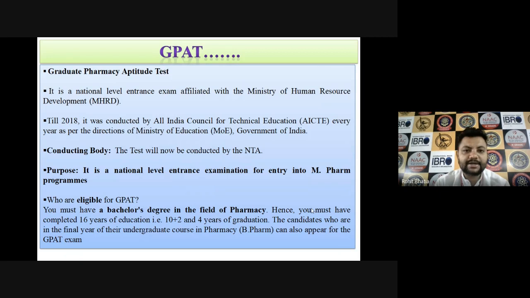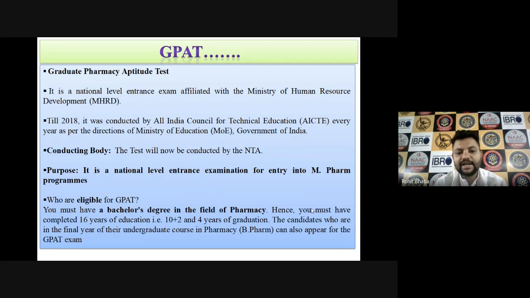GPAT, if we expand it, stands for Graduate Pharmacy Aptitude Test. It is a national level entrance exam which is affiliated with the Ministry of Human Resource Development, that is MHRD. Up to 2018, AICTE was conducting it every year according to the Ministry of Education, Government of India.